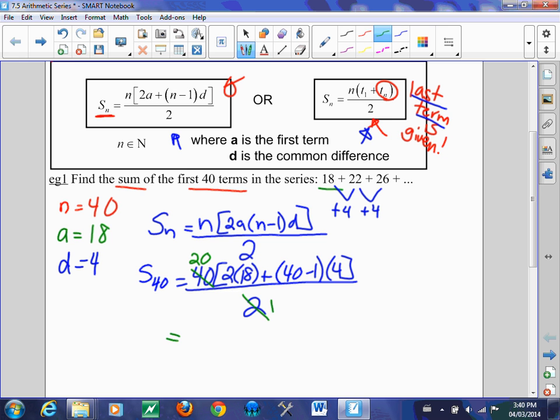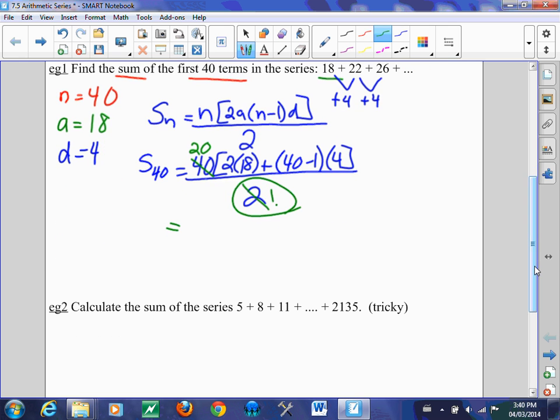My biggest error, ladies and gentlemen, is that if you can't cancel out, people lose or forget about the divide by sign. Okay, so if I simplify some things through, I've got 20 times 36 plus 39 times 4. Just plug that all in your calculator and you should get 3,840.